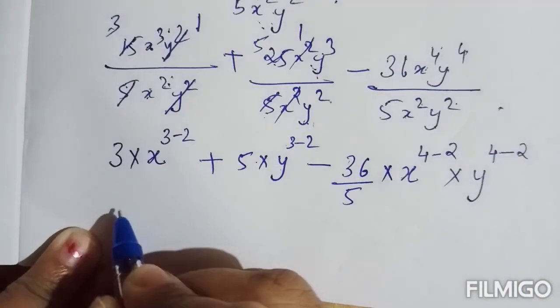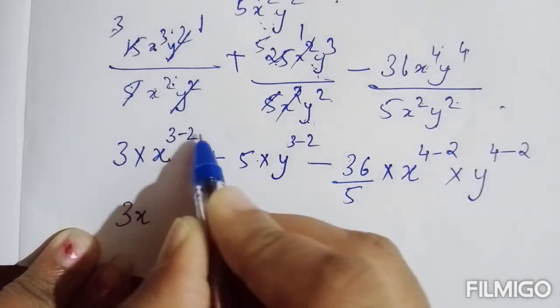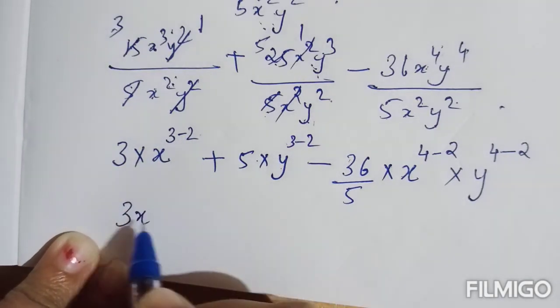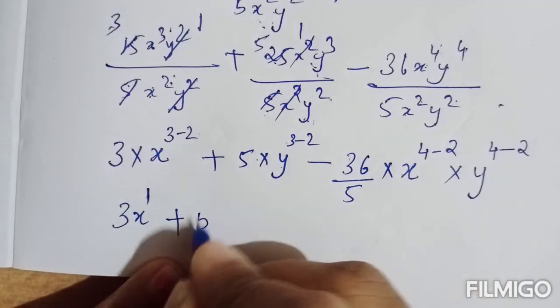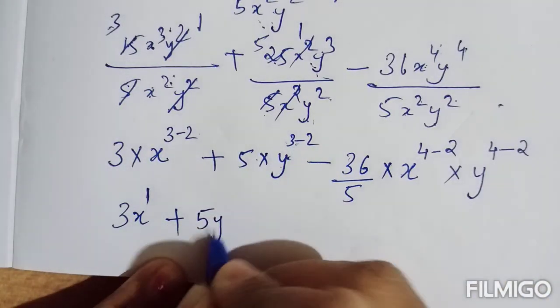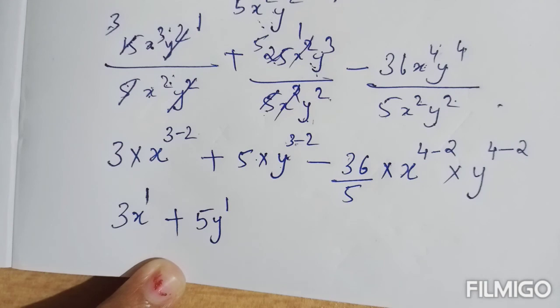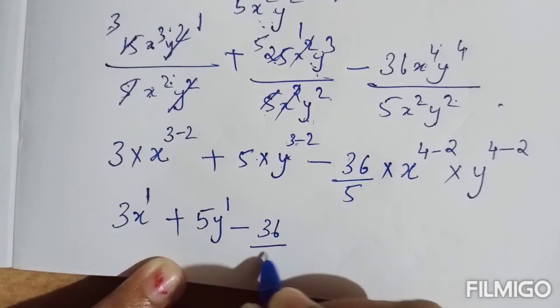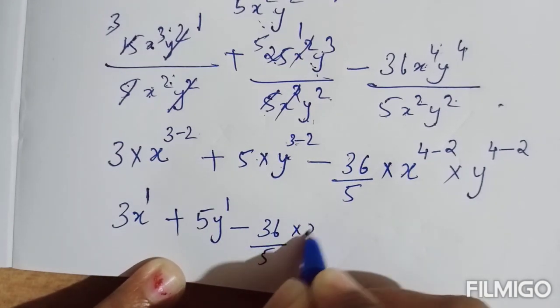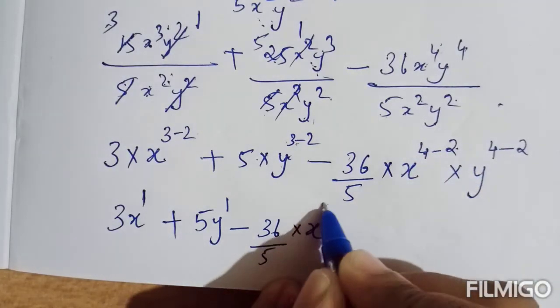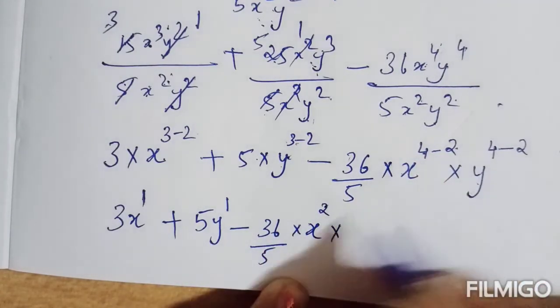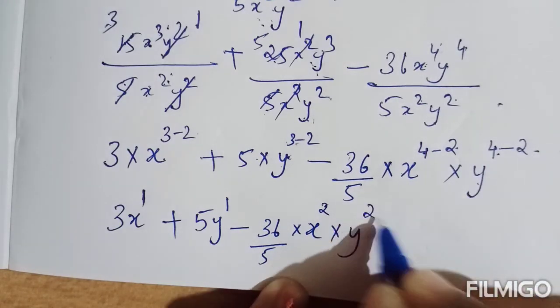So 3 x raised to 3 minus 2 is 3x raised to 1, plus 5 y raised to 3 minus 2, y raised to 1, minus 36 by 5 into x raised to 2, 4 minus 2, and y raised to 2.